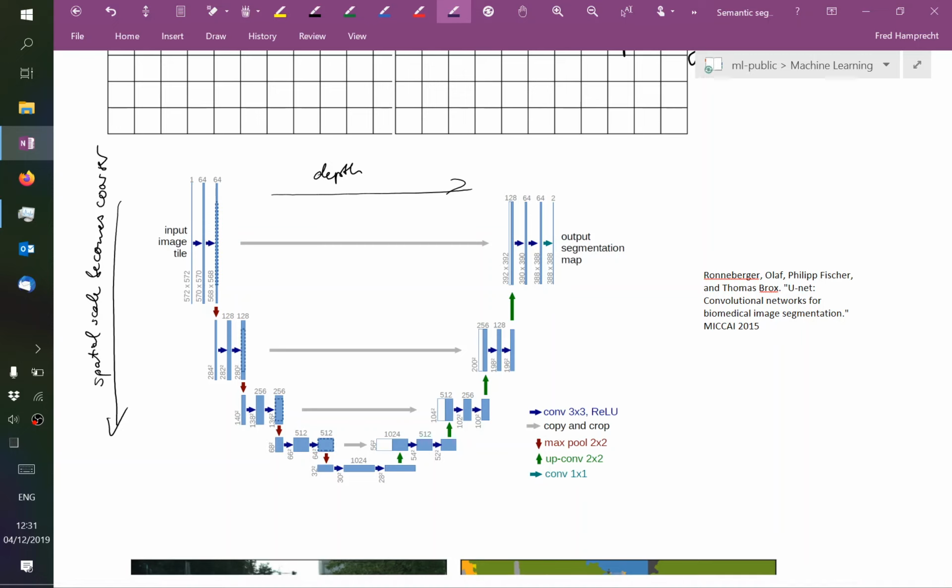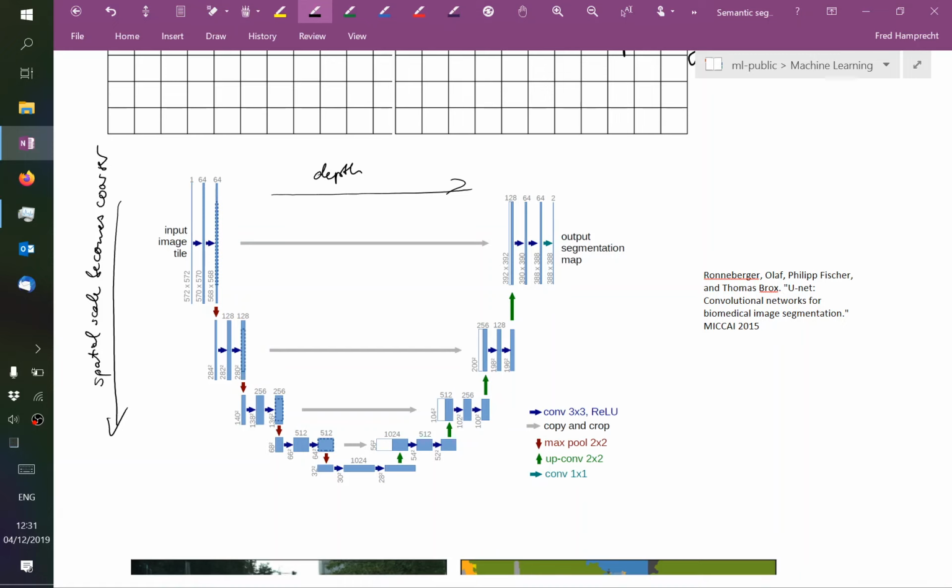Another important feature are these so-called skip links. The perceptron producing an output here sees as input not merely this, but it sees as input also that. And this is indicated by those arrows, these so-called skip links.